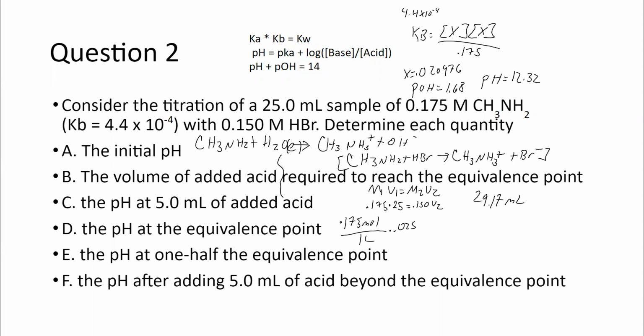So I have 0.004375 moles of base. How many moles of acid do I have? I do the same calculation, 0.150 moles divided by 1 liter, and I'm adding 5 mL, 0.005.